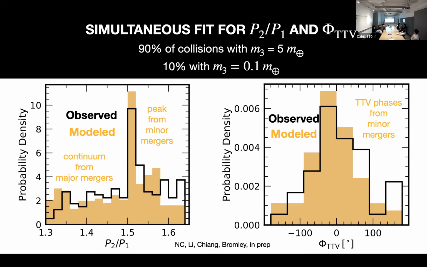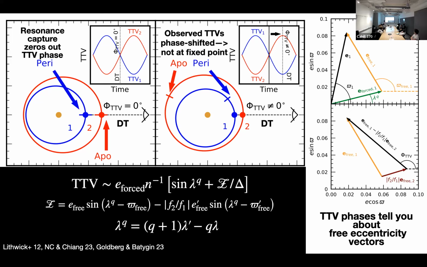Wait, but I thought the observed systems are not actually in resonance. It depends on what you mean by not actually in resonance. Delta is bigger than the resonance width, but there is still a resonant argument that can be defined, and they're in that peak of the period ratio distribution.